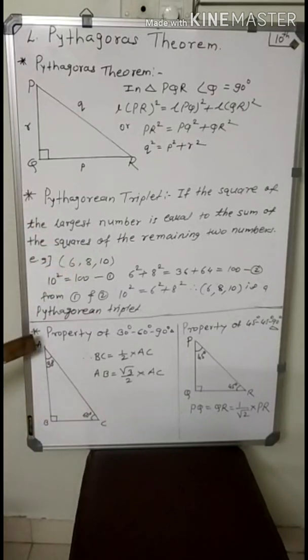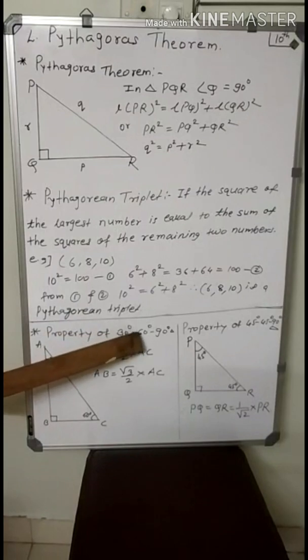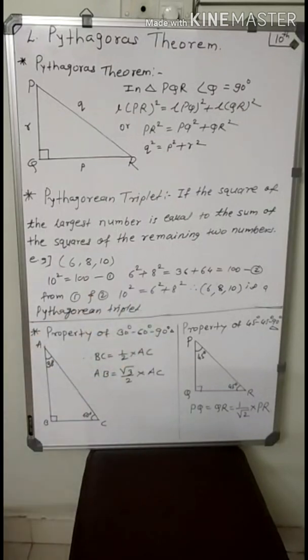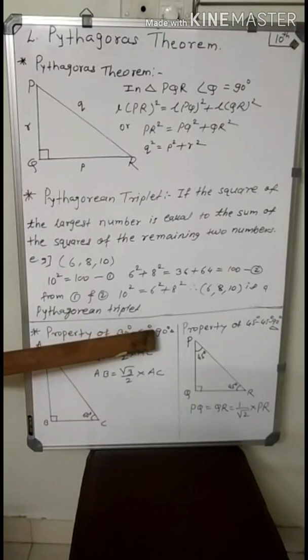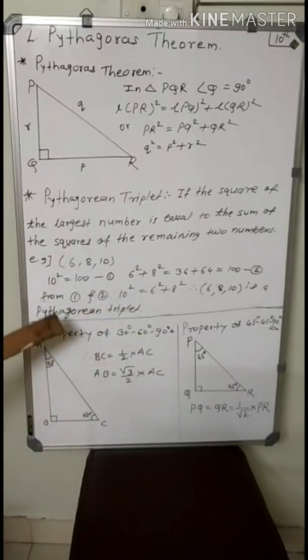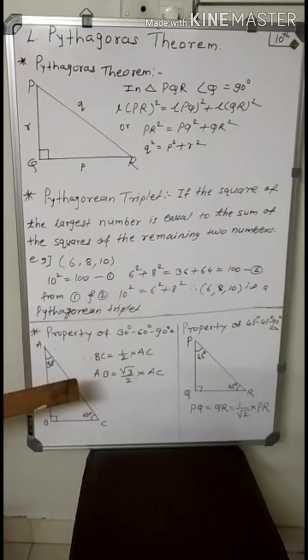Now next, two properties are there. These two properties you also studied in 9th standard. So first one is the property of the 30, 60, 90 degree triangle. What is the meaning of 30, 60, 90 degree triangle? If the measures of angles of a triangle are 30 degrees, 60 degrees and 90 degrees, then what about the side opposite to 30 degrees and the side opposite to 60 degrees?